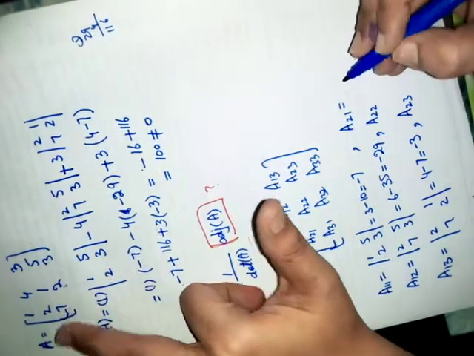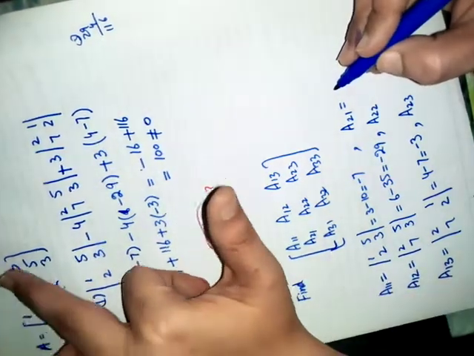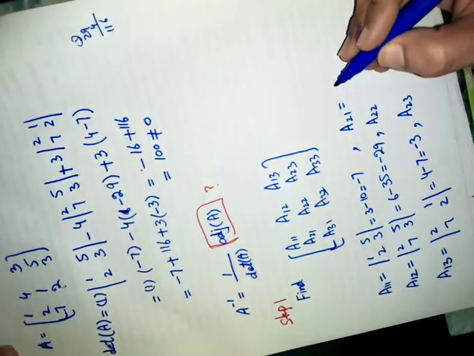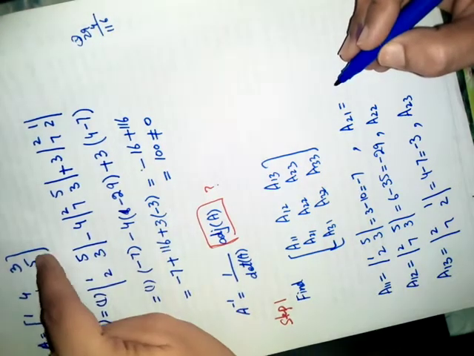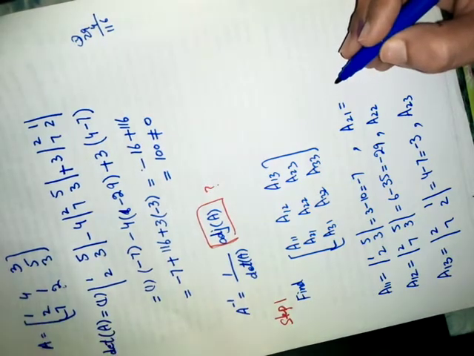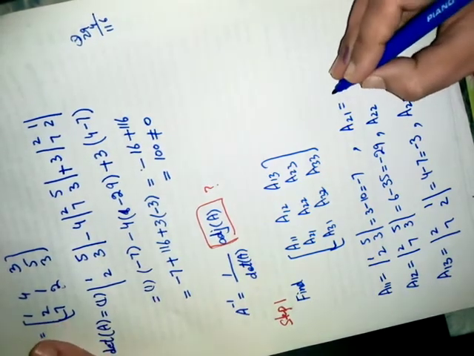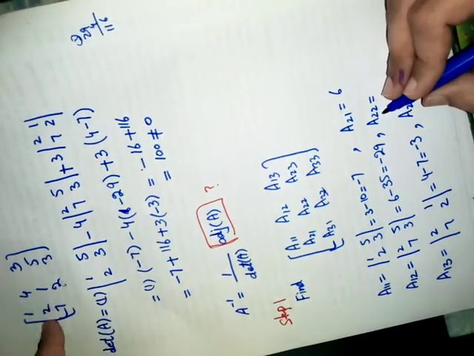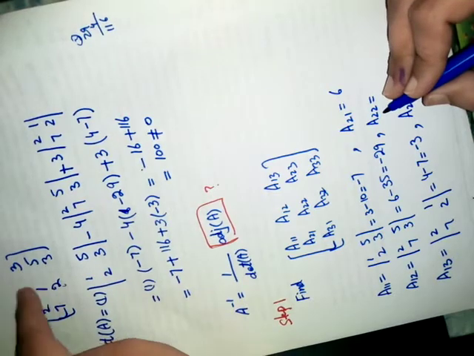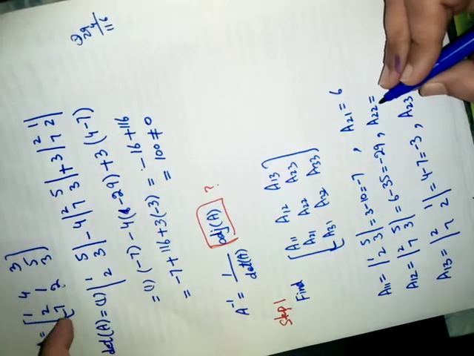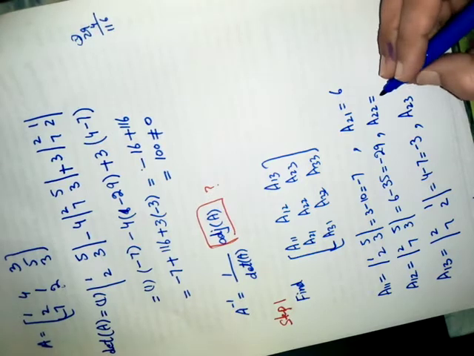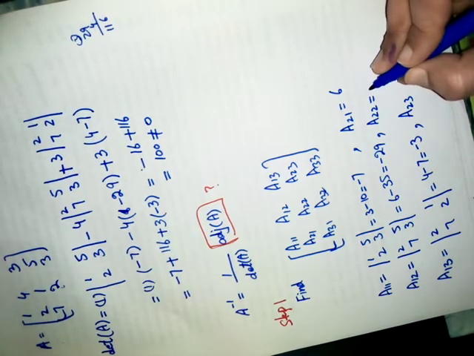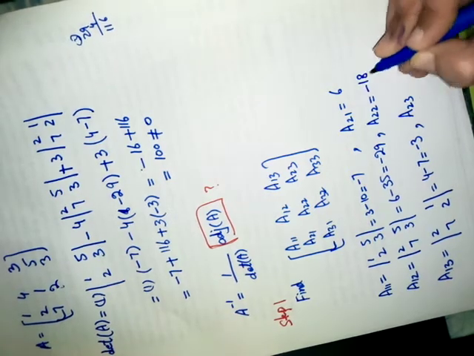Second row and first column, this is 4, 3, 2, 3. 4, 3 the 12 minus 3 to the 6. 12 minus 6, it will be 6. A22. Leave the second row and second column. 3 1 the 3 minus 7 3 the 21. 3 minus 21 will be minus 18.